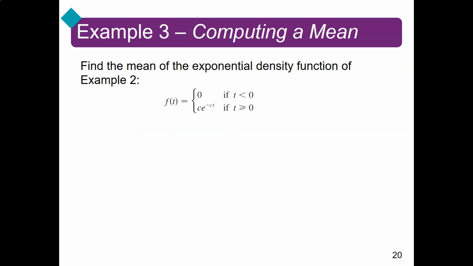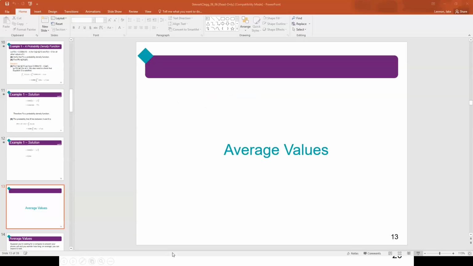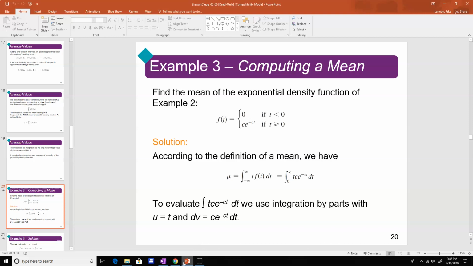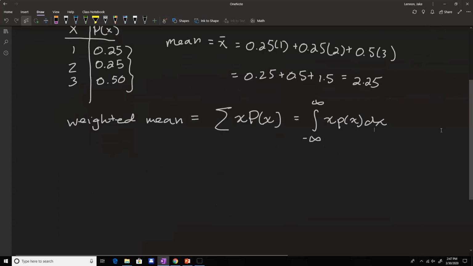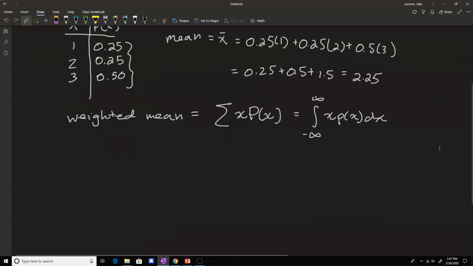So here we go. Find the mean of the exponential density function. They're using c as a constant here, but it would work fine if you just replaced it with a letter. So maybe we should go ahead and do that. Let's go ahead and see how that would work. So let's look at this example.